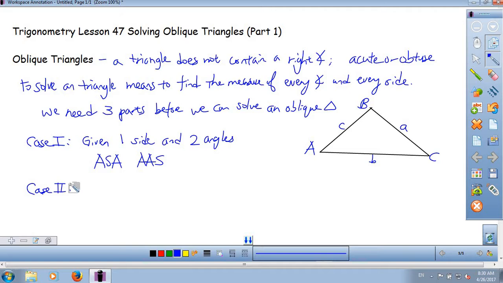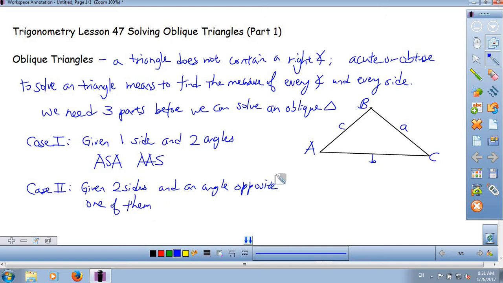Now in case 2, we're going to be given two sides and an angle opposite one of them.